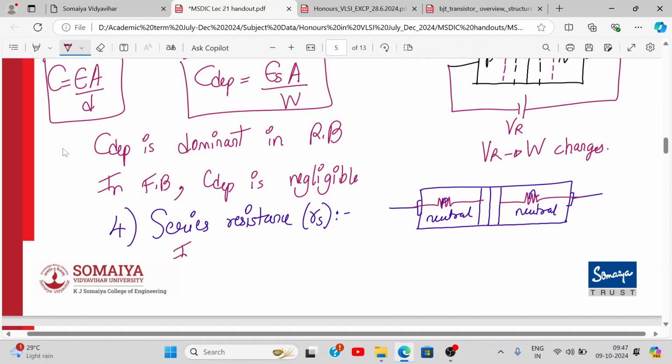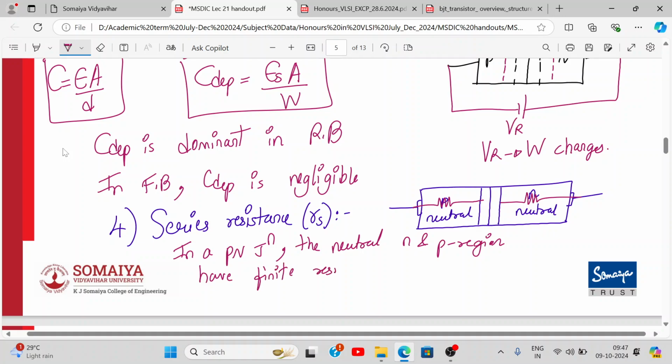So write down: in a PN junction, the neutral N and P regions have finite resistance.